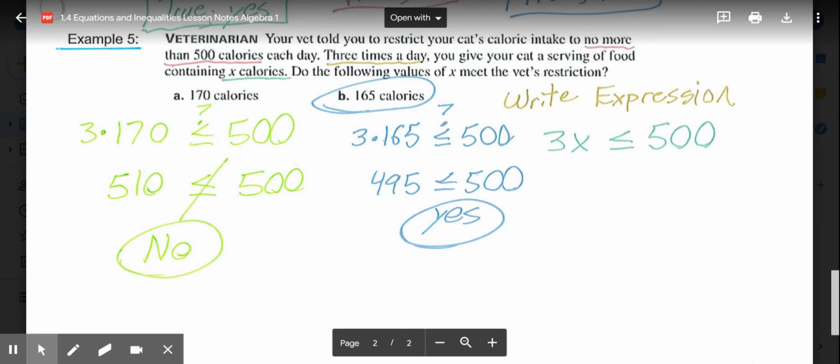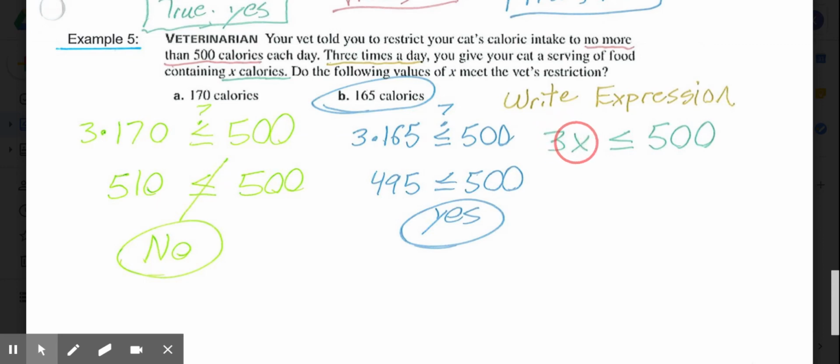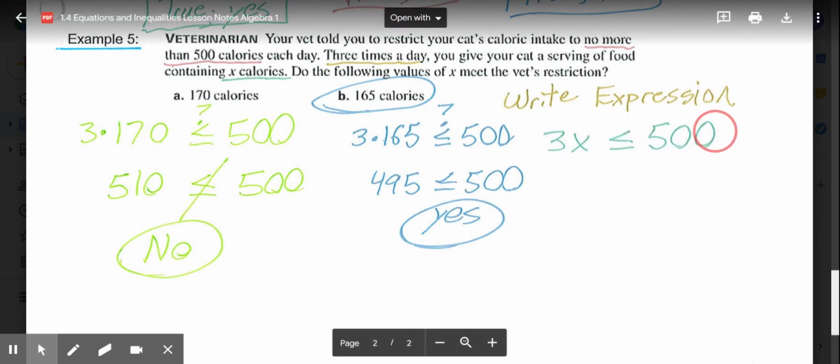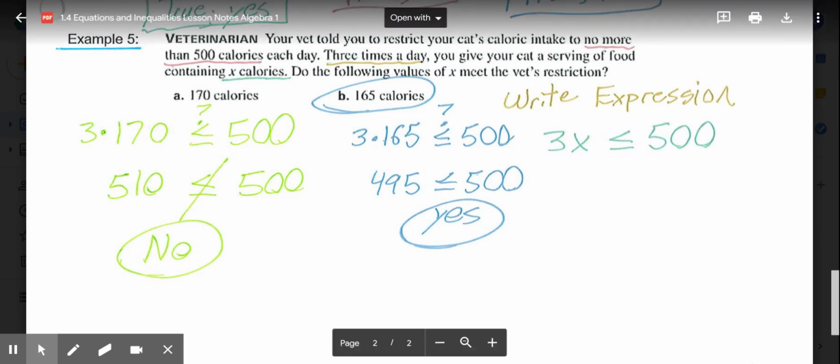So my expression would be 3 multiplied by x, 3 times a day, times the number of calories, is less than or equal to 500, because it can be 500, but it cannot be more than. So that would be less than or equal to. So our expression is 3x is less than or equal to 500.